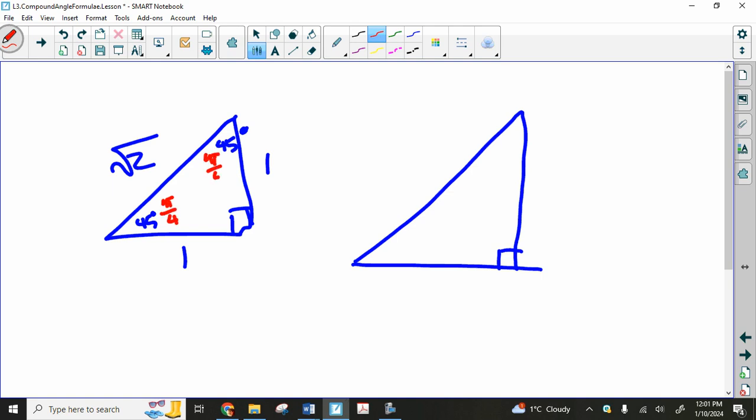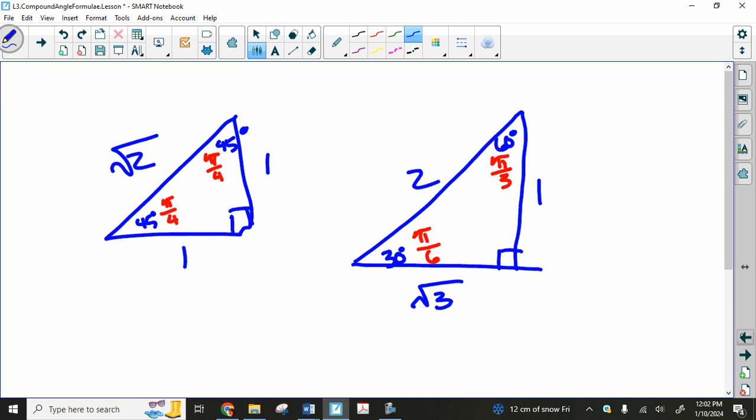Pi over 4, okay. And then I've got a 30 degrees, which is pi over 6. And opposite the pi over 6 was the 1. And then we had 60 degrees, pi over 3. Opposite the pi over 3 was the root 3. And then that's a 2.